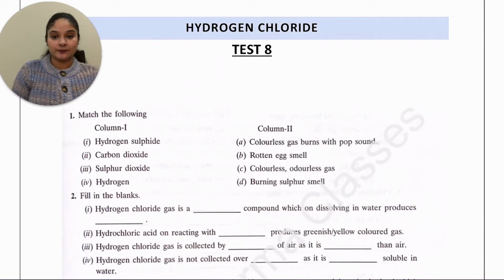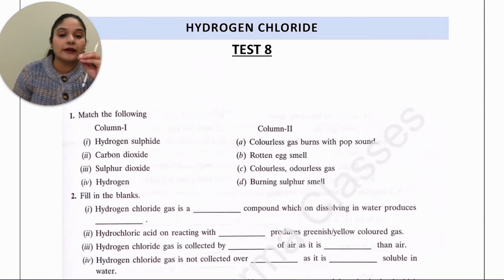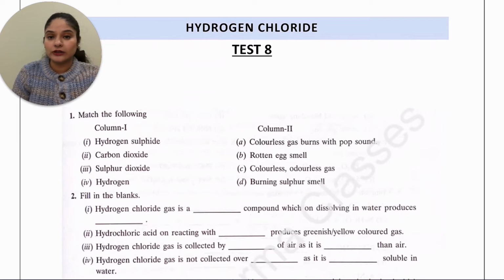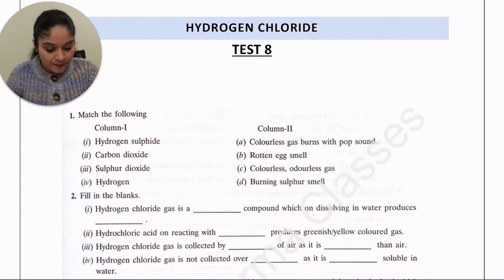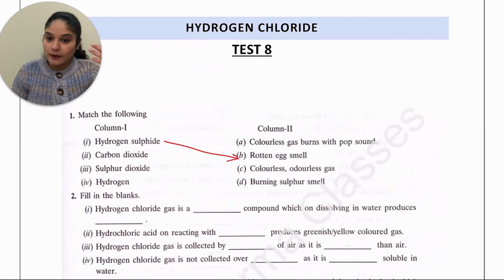Hydrogen sulfide, carbon dioxide, sulfur dioxide, hydrogen. Whenever you have such gases, always try and match the ones that you understand very clearly. For example, hydrogen sulfide: we know the distinguishing characteristic is a rotten egg smell, so mark that.